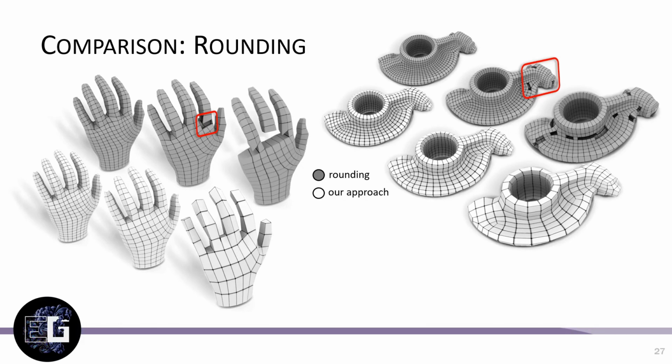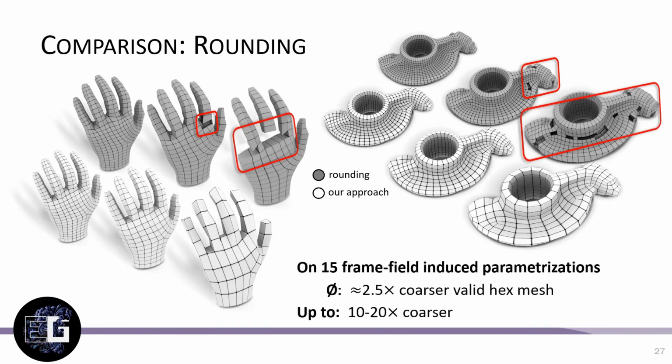Even for the coarsest possible target resolutions, our meshes are still valid, while meshes obtained by rounding are beyond broken. On the dataset of frame field-induced parametrizations, our method is able to produce 2.5 times coarser valid hex meshes, with extreme cases even reaching up to 20 times.